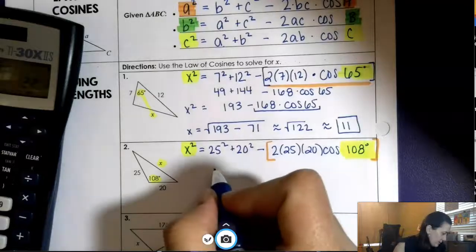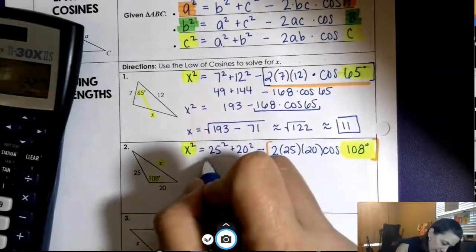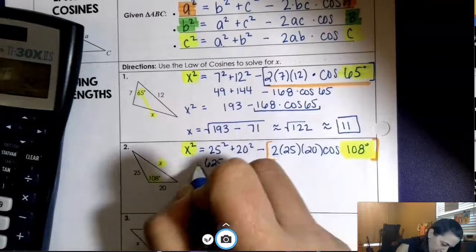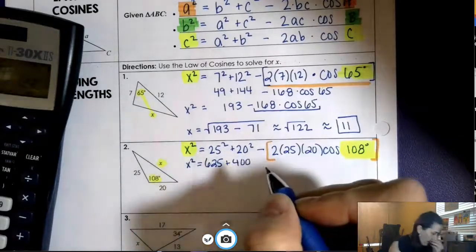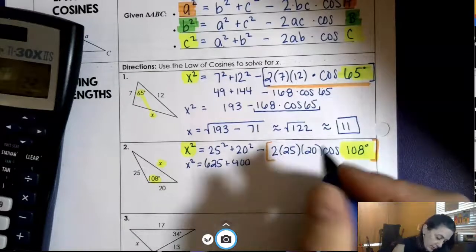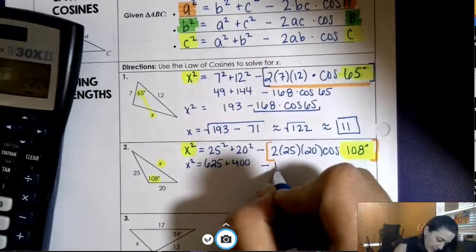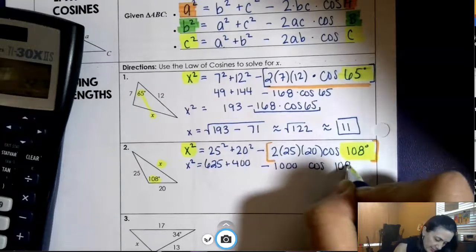Doing this a little bit at a time, 25 squared is 625. 20 squared is 400. 25 times 20, I get minus 1,000 cosine 108.